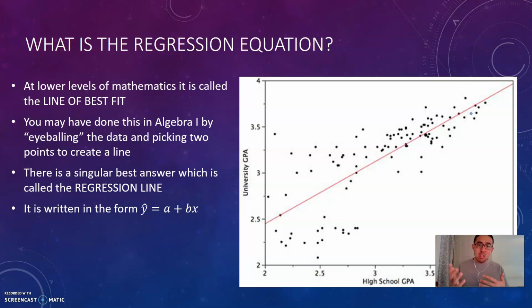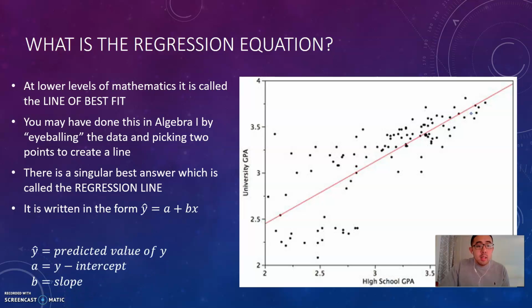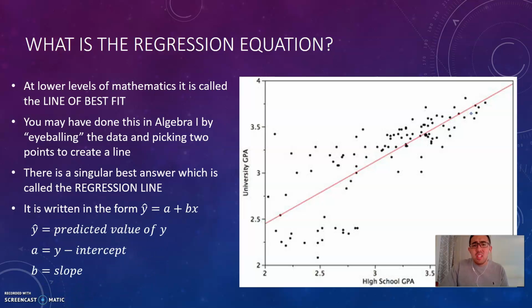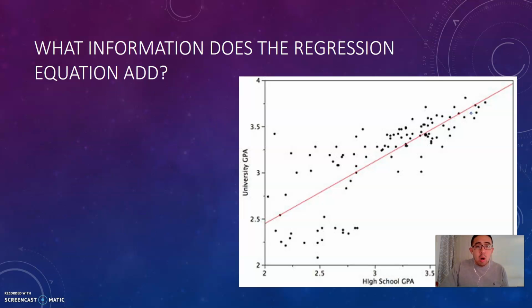In statistics, this is a common notation, and believe it or not, even within statistics, people use different notations. But for our class, we're just going to use y hat is equal to a plus bx. What is y hat? The predicted value of y. a is my y-intercept, and b is my slope. Hopefully you got it.